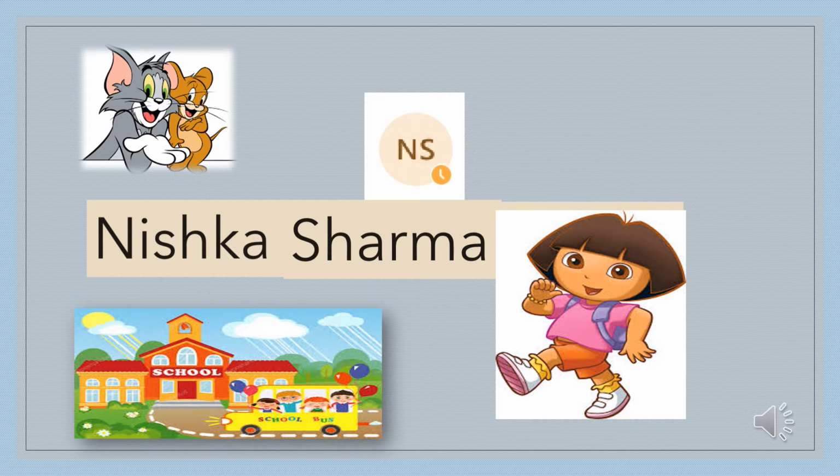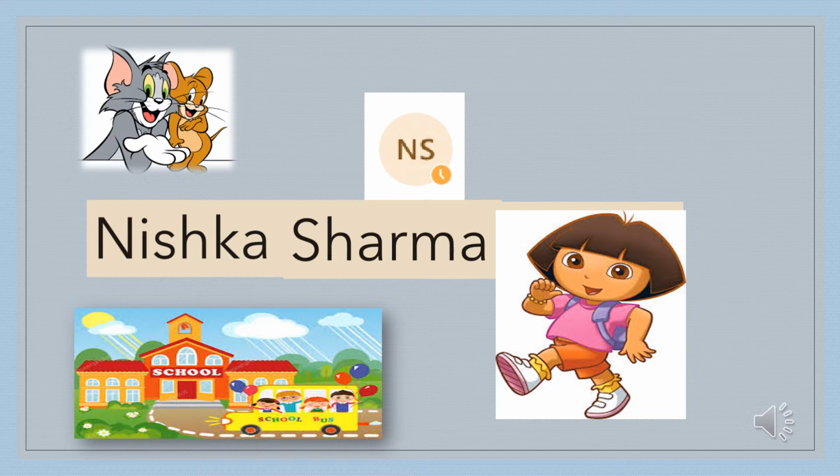So what you have seen, NS was the alphabet and those were the initials of the girl. You can see your name's initial on the Teams app. You have to see for it, your name and your surname's initial will be there on the Teams app. So that is the short form, and when you expand it, your name comes.